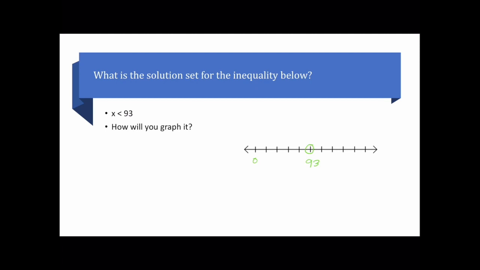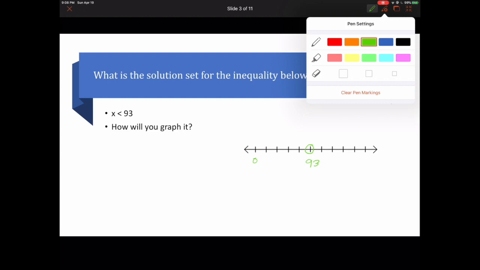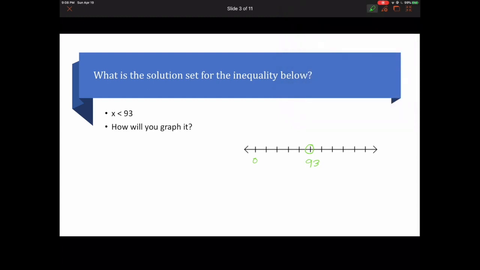Now, maybe I placed my 0 in the wrong place, let's actually continue with this. So x is less than 93. All my solution set is on this side of the number line. So actually this placement is okay.